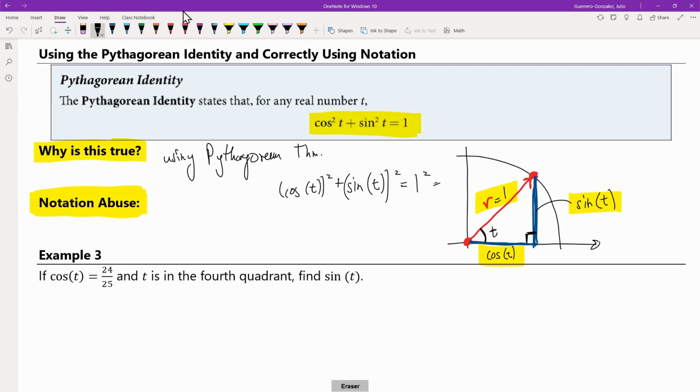Okay, and that is basically it. That gave us this thing. Boom. All right. This actually brings about my notation abuse.